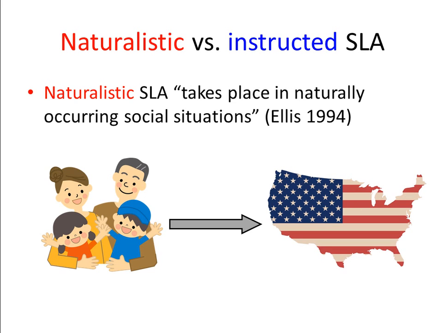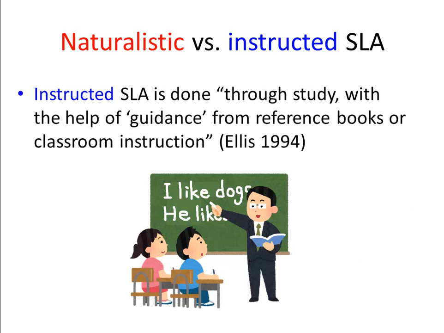but this will not really happen to many people. So for example, in my case, I learned English like this. This is a typical example of instructed second language acquisition. So instructed second language acquisition is done through study with the help of guidance from reference books, maybe textbooks, and classroom instruction by the teacher.